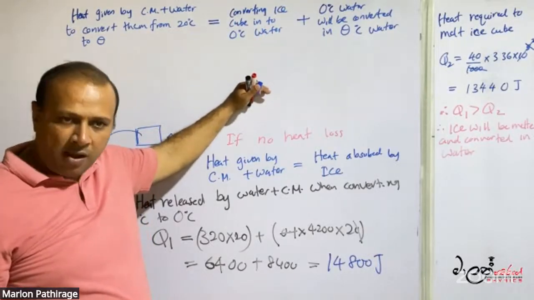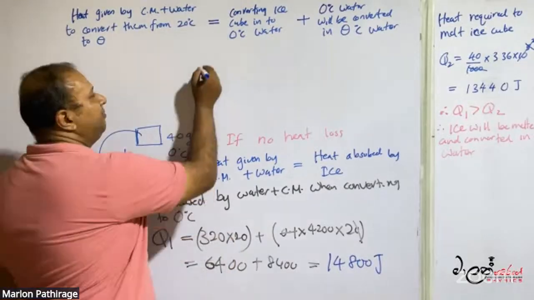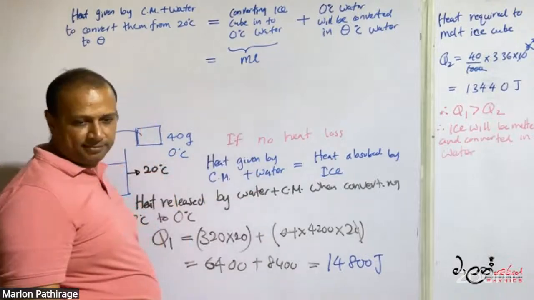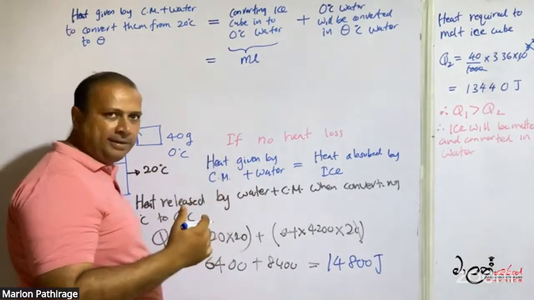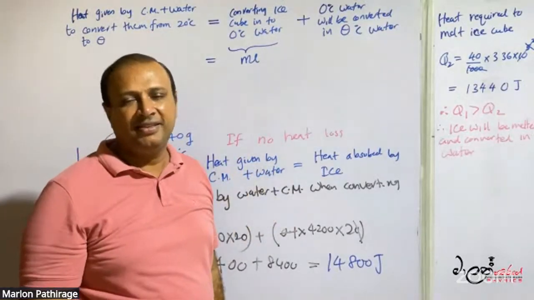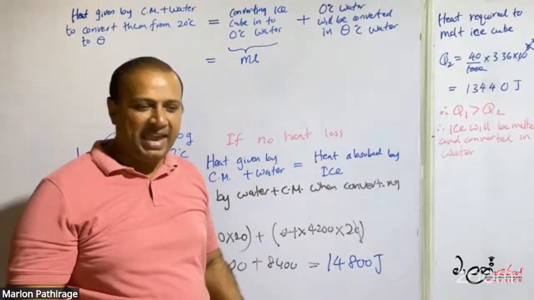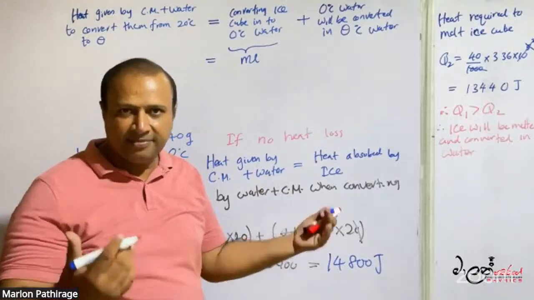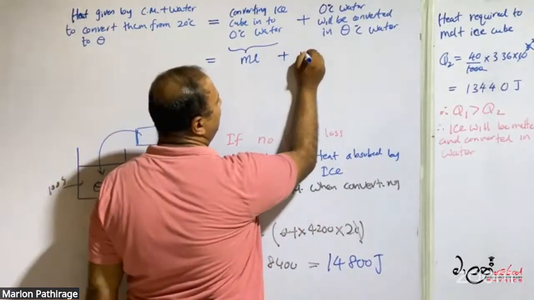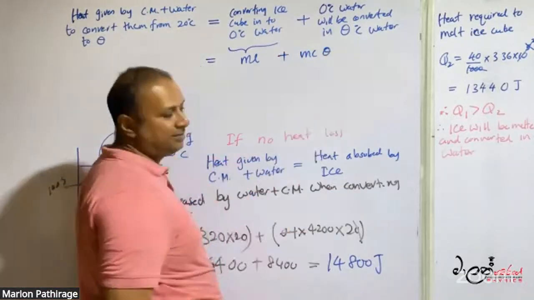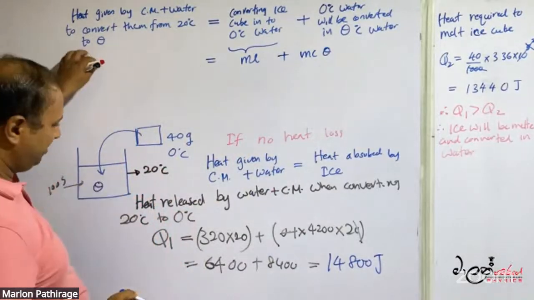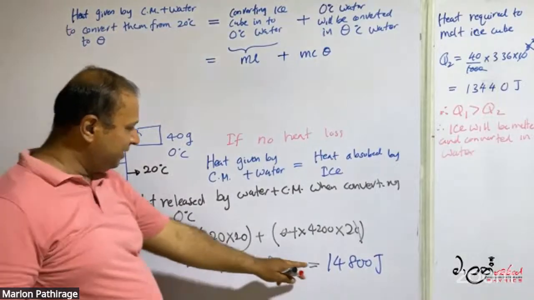That involves heat which we can determine by the mL equation. Then 0 Celsius water into θ Celsius water. As it is the same phase, we can use mcθ. Therefore, this energy is 40,800.